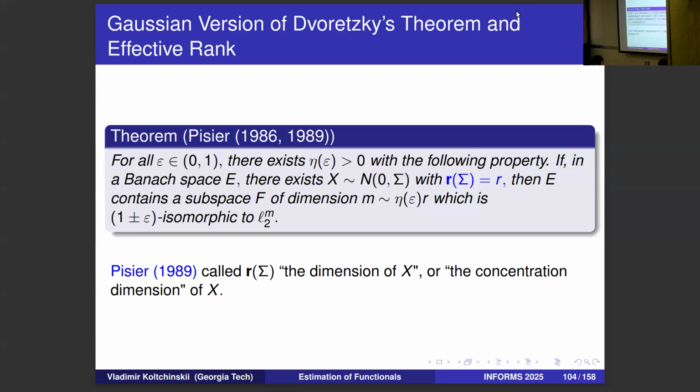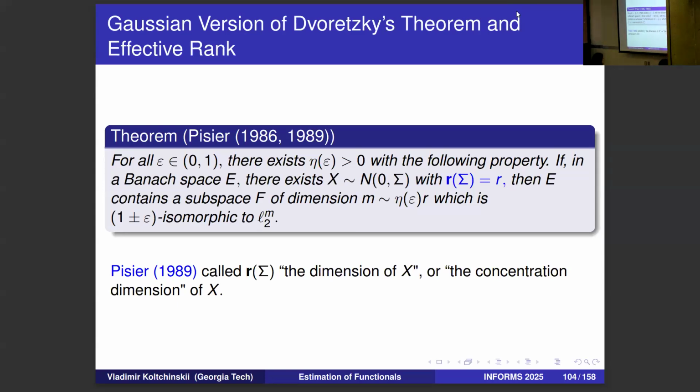Basically, it tells you that in an infinite dimensional Banach space, you can find subspaces where the Banach norm will be almost equivalent to the Hilbert norm. So it will be almost Hilbertian subspaces of the Banach space.